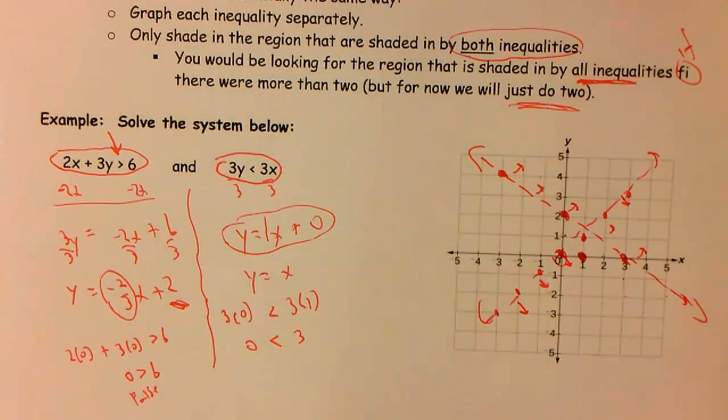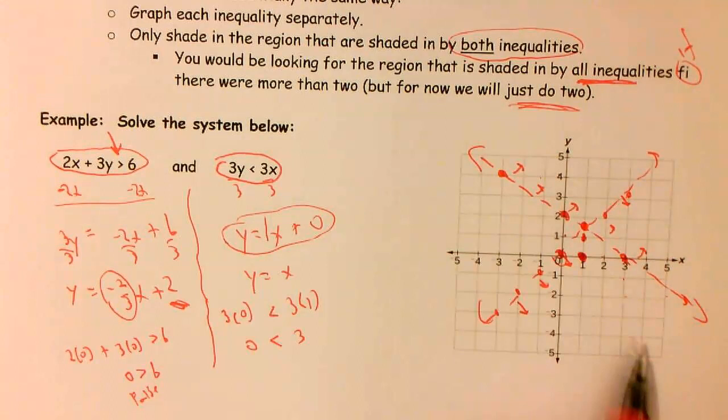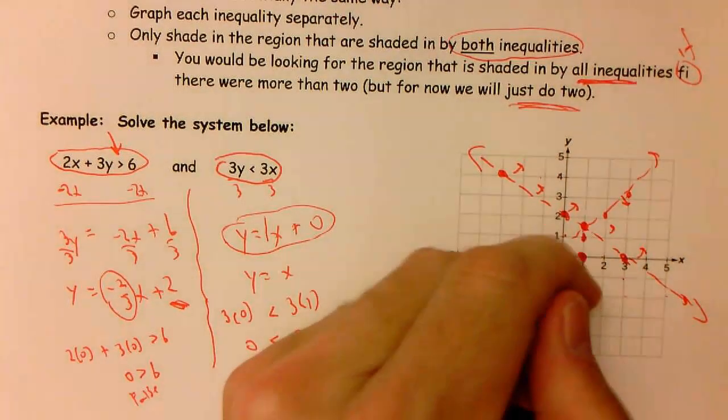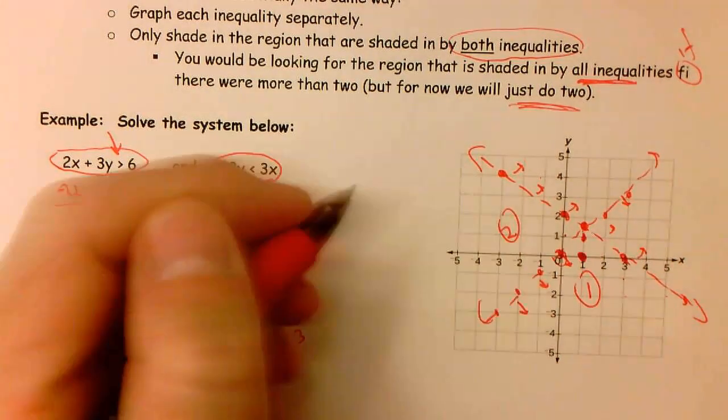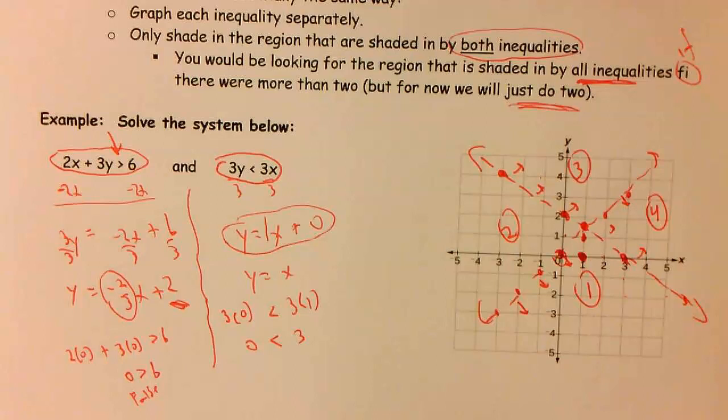So when you draw two lines, and they cross here, what you make is 4 different regions, right? Here's region 1, here's region 2, here's region 3, and here's region 4. 4 like slices of pie is what it looks like. And you want to shade in the one that makes both inequalities work.